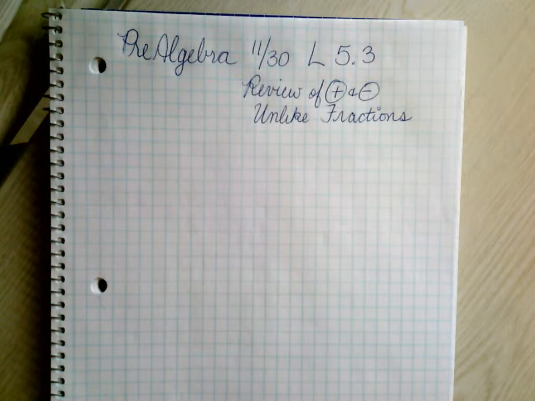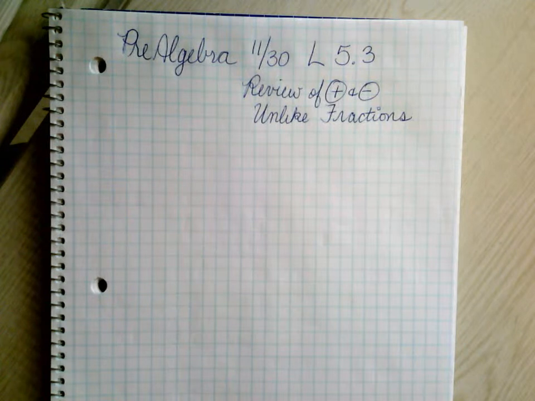All right, turn your books to page 233, the guided practice. In order to add and subtract fractions that have unlike denominators, you need to convert them. What you convert them to is the lowest common denominator of the two numbers.